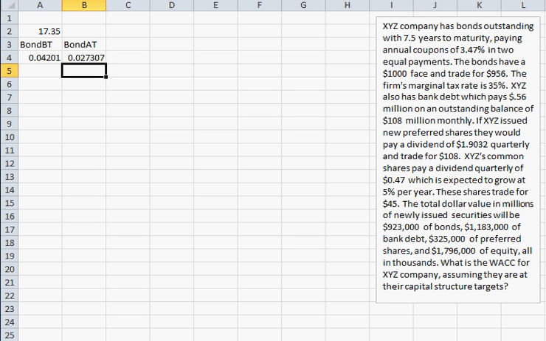Next we have bank debt, which pays $0.56 million on an outstanding balance of $108 million. That's monthly payments. So if we take 0.56 divided by 108, that's a 0.5% payment every month. So we need to convert that from a monthly payment, compounded monthly, to an annual payment compounded annually.